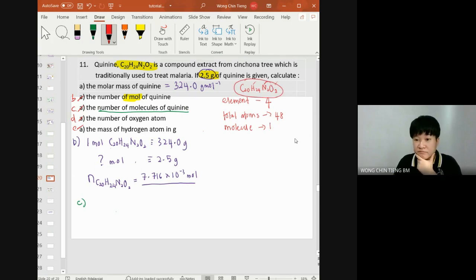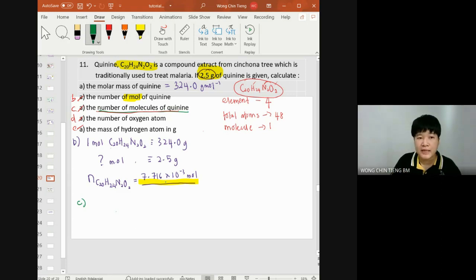Betul? Tapi sekarang soalan tanya number of molecule of quinine when you have 2.5 gram. 2.5 gram is equals to this number of mole. Untuk cari number of molecule, I know we need the number of mole. Perlu kira balik number of mole?